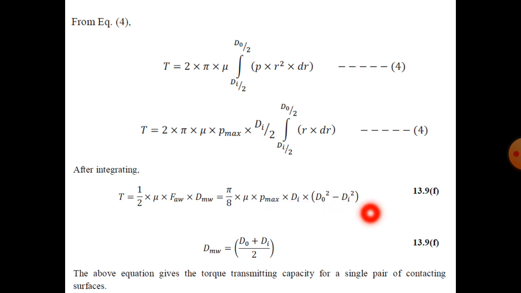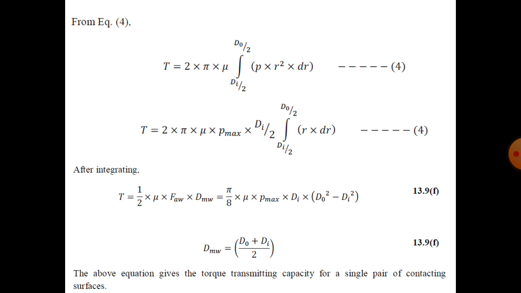That is expression 13.9 F in your data book. Then how to find dm? Dm is nothing but the mean diameter of the friction disc. If you use uniform wear theory, the mean diameter can be calculated as di plus do divided by 2, from equation number 13.9 F.